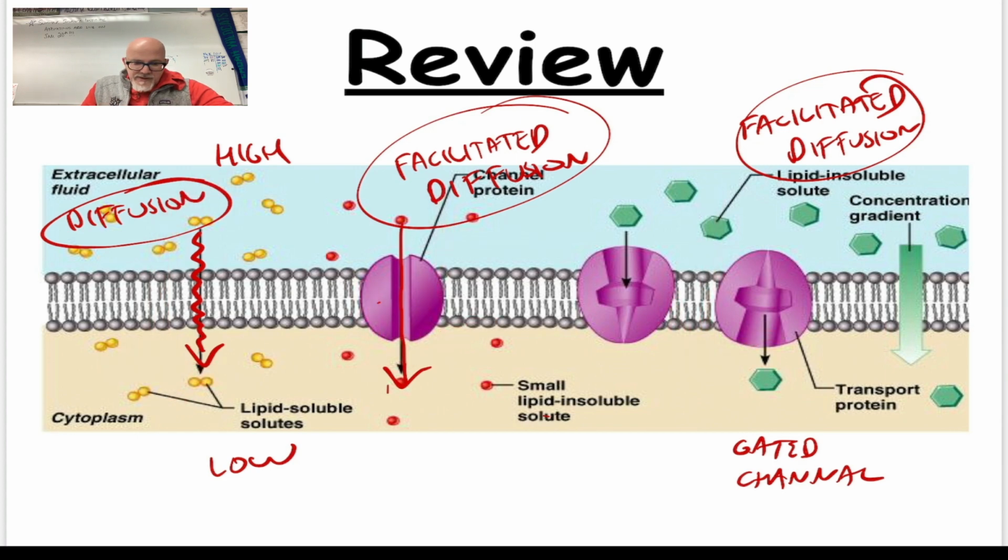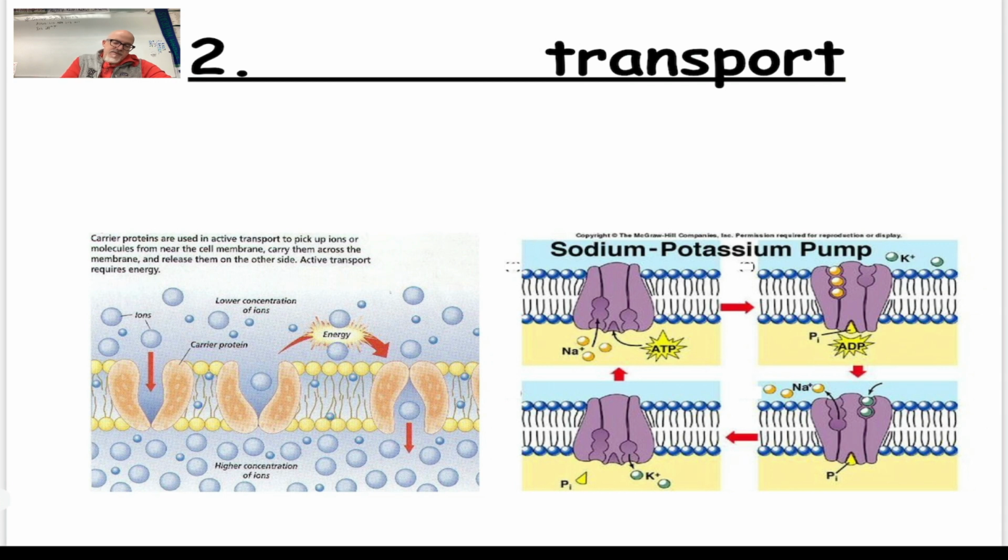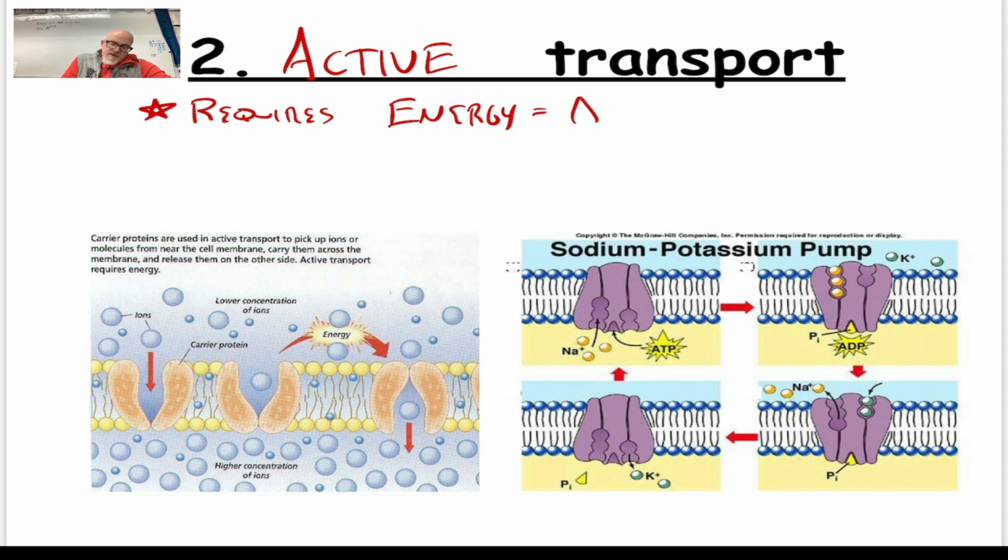So that's one. The other version that requires energy is called active transport, right? And all we really need to say right now about active is that it requires energy. Remember that energy comes in the form of ATP, that's our energy currency, and goes against the concentration gradient.